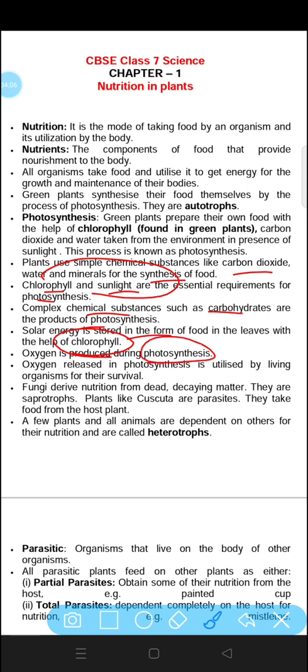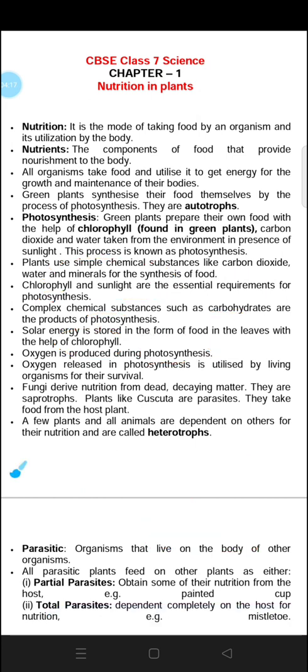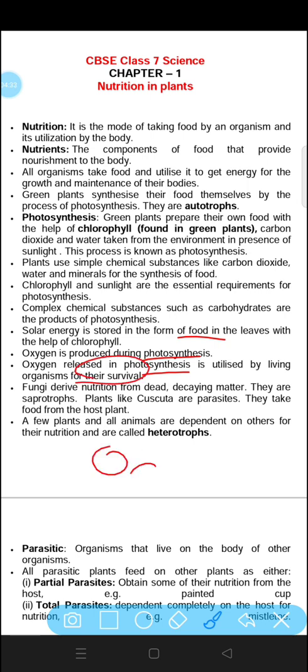As we have seen in the reaction, the product of photosynthesis is C6H12O6 plus oxygen. Oxygen released in photosynthesis is utilized by living organisms for their survival. So the oxygen that we are breathing is given out by the plants with the help of photosynthesis.